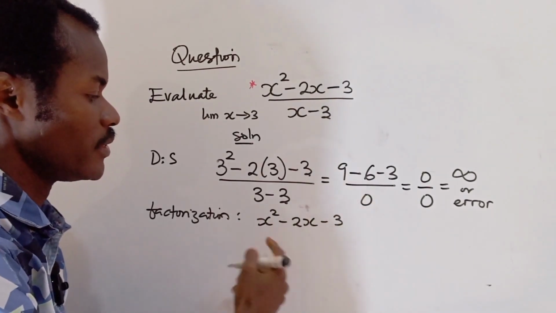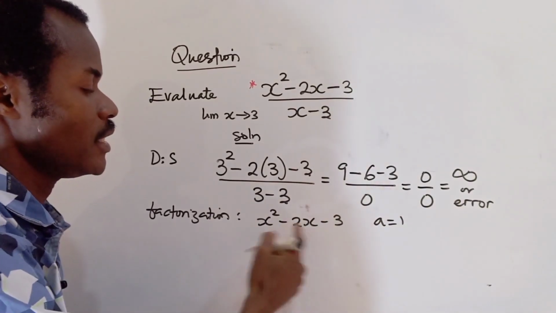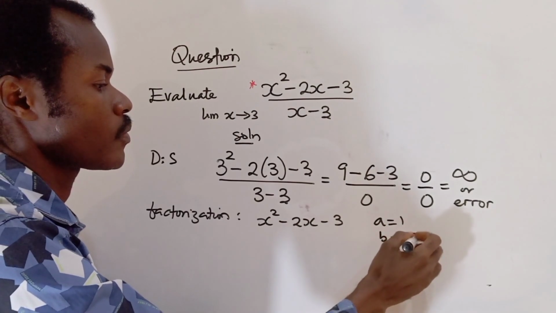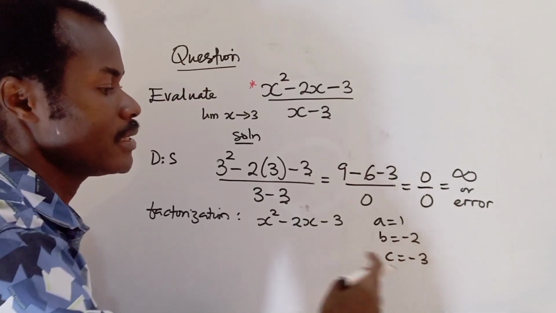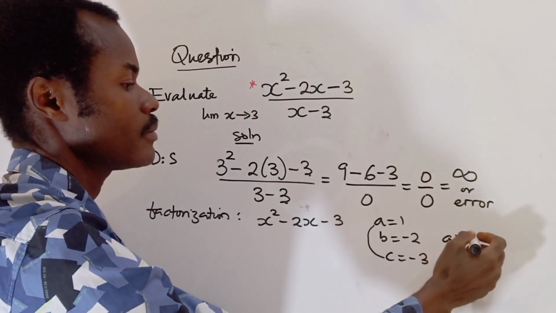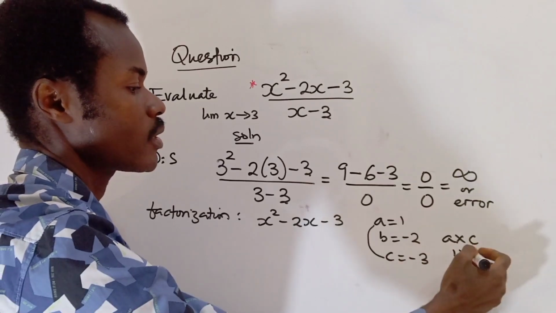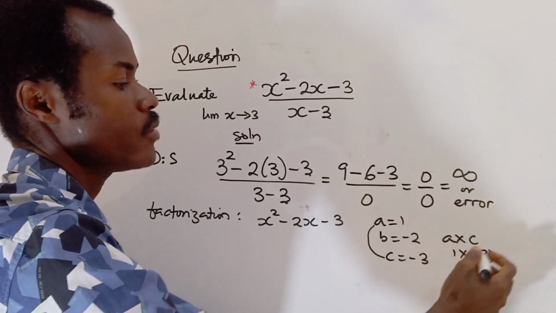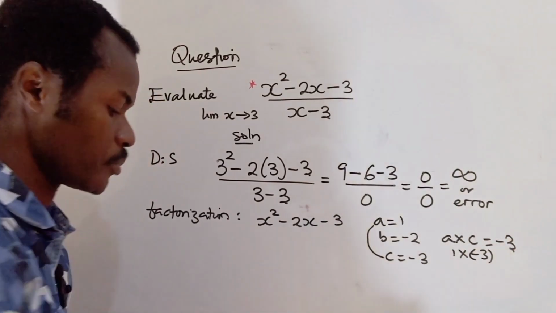Now let's know our a, b, c. A here is 1, our b is minus 2, and our c is minus 3. The next thing is to get the product of a times c. So a times c is 1 times minus 3, which is minus 3.